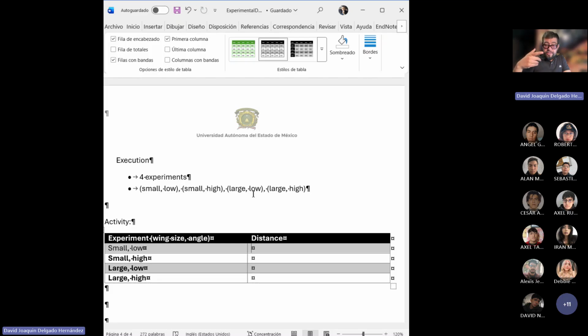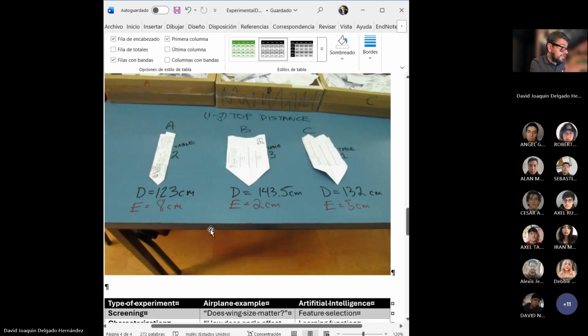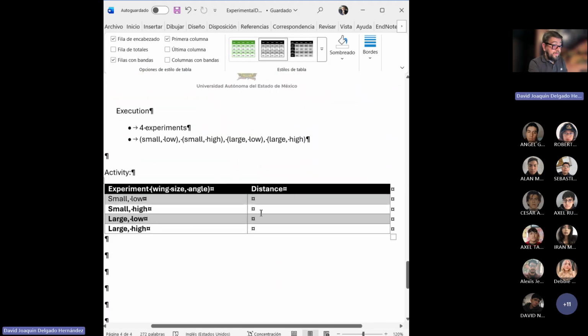Okay, and then you are going to use a high angle, let's say 45 degrees. So you are going to throw it again, and you are going to measure the distance. And then you are going to manufacture an airplane with large wings. So for instance, here you have these examples, and you are going to record here the distance, okay?